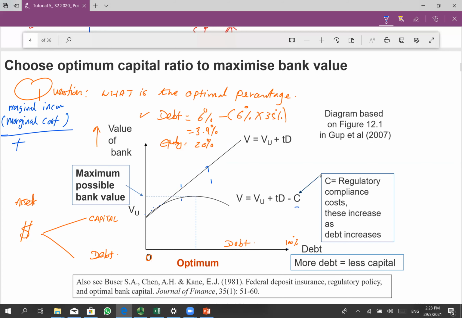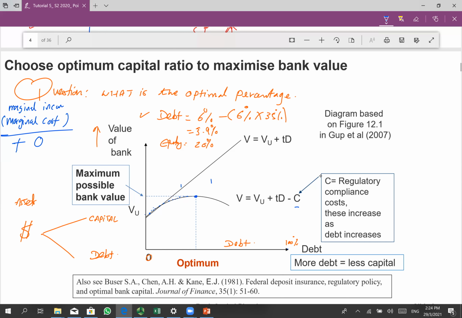I will just continue here until this point, where the marginal cost is higher. I still take debt until I reach this point, where it becomes 0, which means there is no way you can take more. Your marginal cost equals your marginal income.